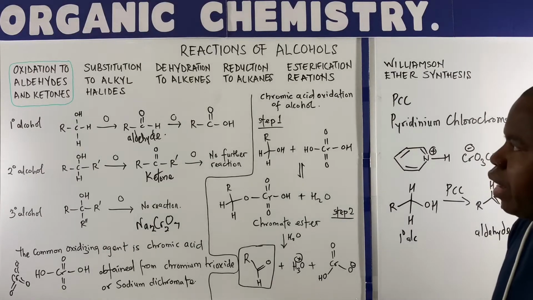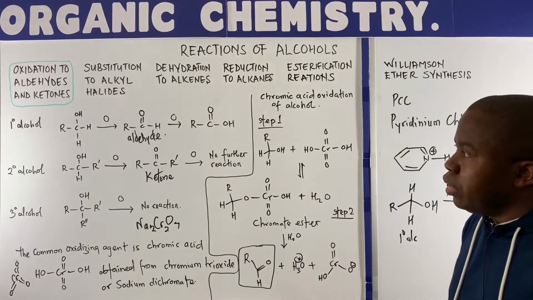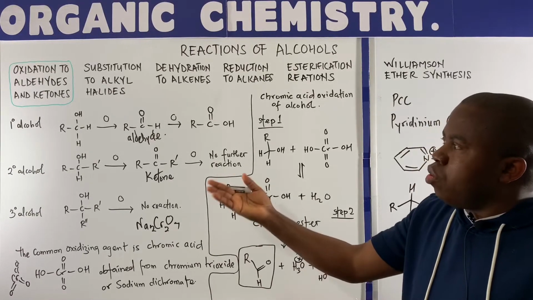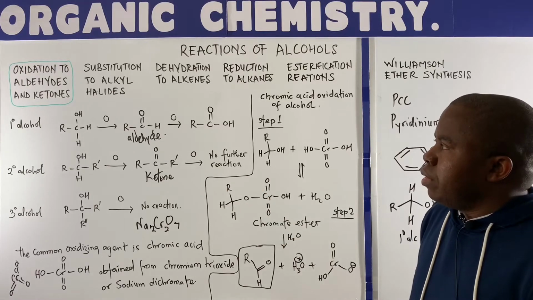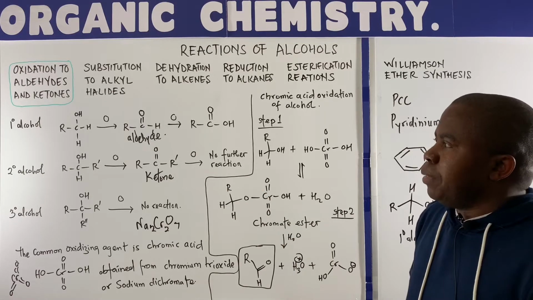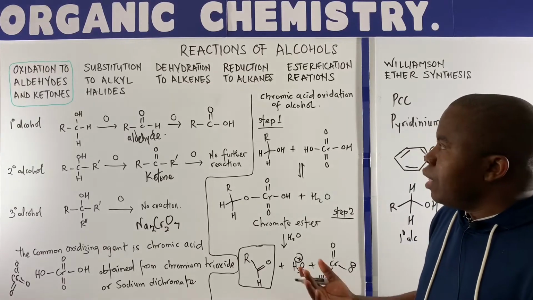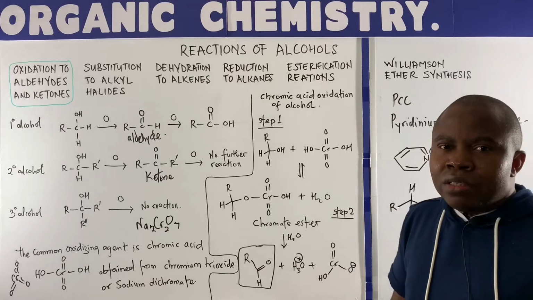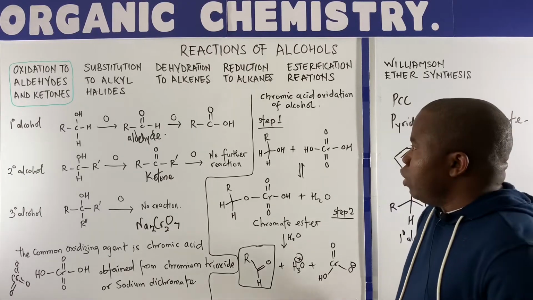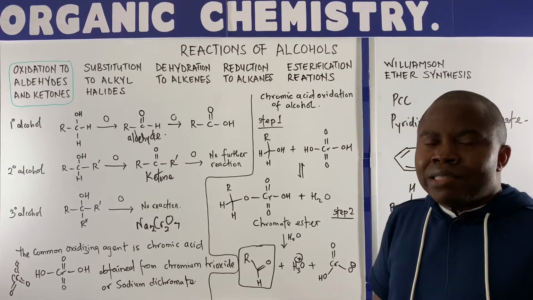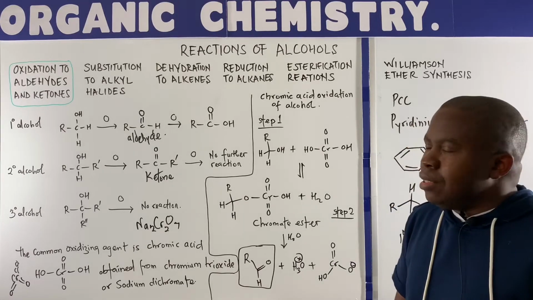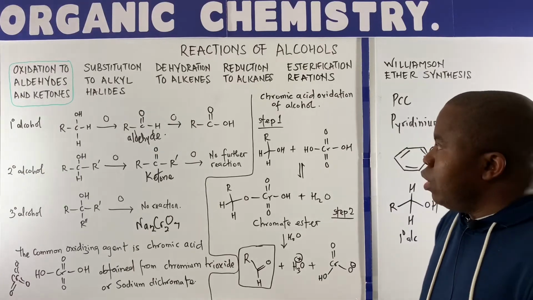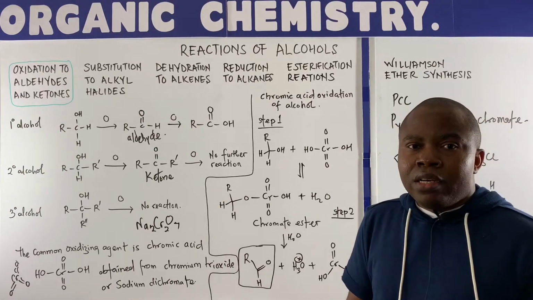So we have other oxidation methods that we can use for oxidizing alcohols. And there are methods that have been developed, especially due to the fact that chromic acid is toxic and it's not good for the environment. Other oxidation methods have been developed. So in a moment, we're going to look at the Swern oxidation and the Dess-Martin periodinane oxidation. So I'm going to talk about that just in a moment.